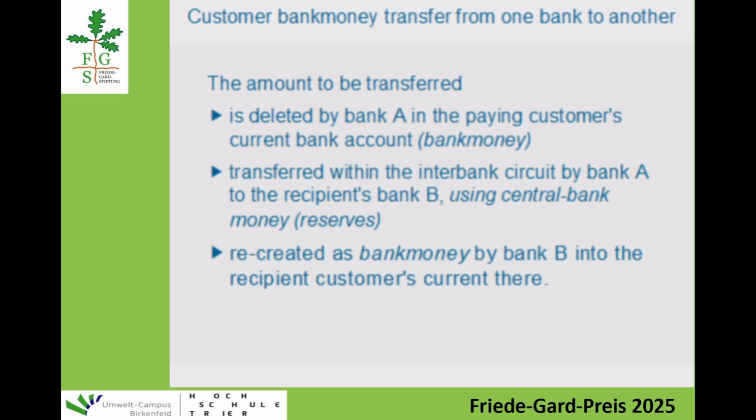And then the amount is transferred within the interbank circuit from our bank account to the recipient bank using central bank money. So the payment between our bank and the recipient bank is carried out in central bank money. And then finally, the amount is recreated as bank money by the recipient bank into the respective customer current account.